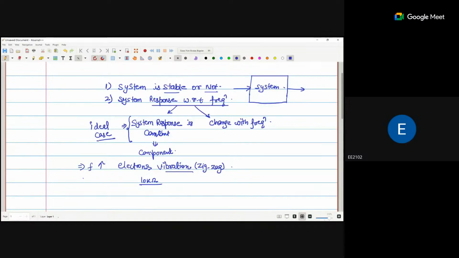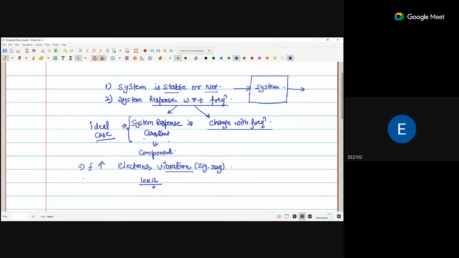If you increase the frequency to gigahertz, that particular resistance will not be suitable, because it is operable only in the kilohertz range, but you are providing megahertz, gigahertz. So system response is not constant with frequency. Considering it constant is only for the ideal case. That means every response changes.